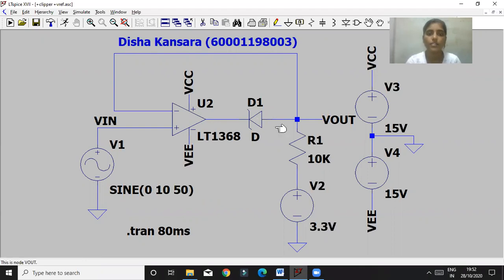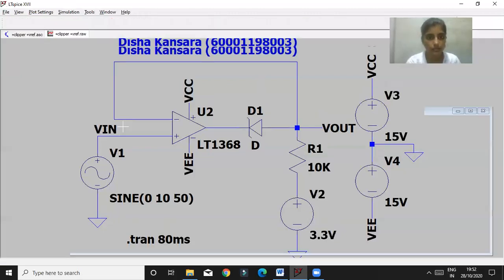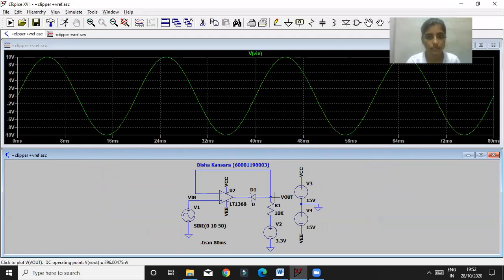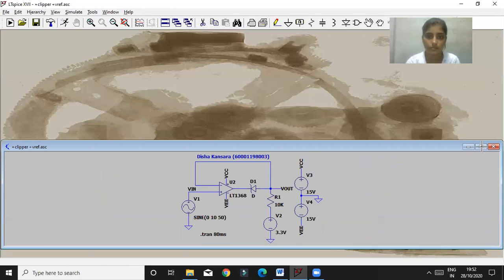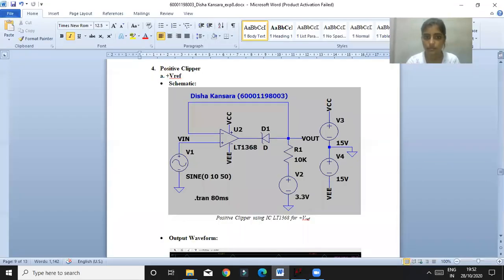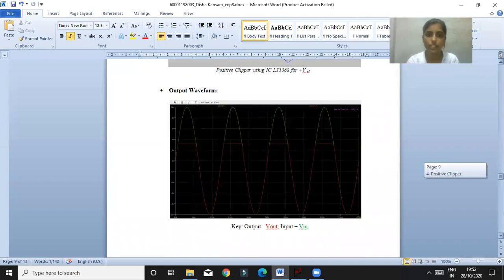I used a Zener diode here, and for the positive Vref, I gave 3.3 volts, and plus and minus 15 volts for the voltage source. So this is the output for the positive clipper with positive Vref, which I already performed here.